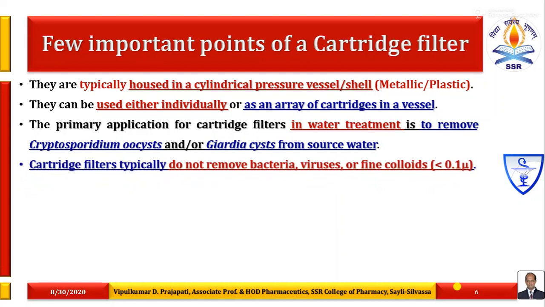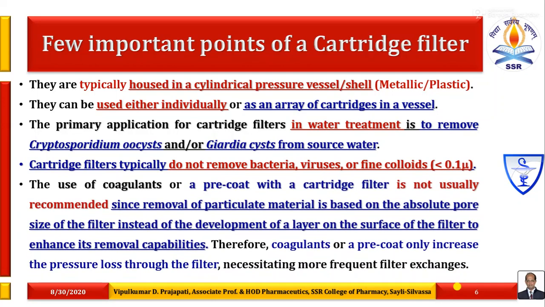Cartridge filters typically do not remove bacteria, viruses, or fine colloids having a size less than 0.1 micrometer. So not all types of bacteria are removed by cartridge filters. The use of coagulants or a pre-coat with a cartridge filter is not usually recommended. Remember, removal of particulate material is based on the absolute pore size of the filter instead of the development of a layer on the surface of the filter to enhance its removal capabilities.